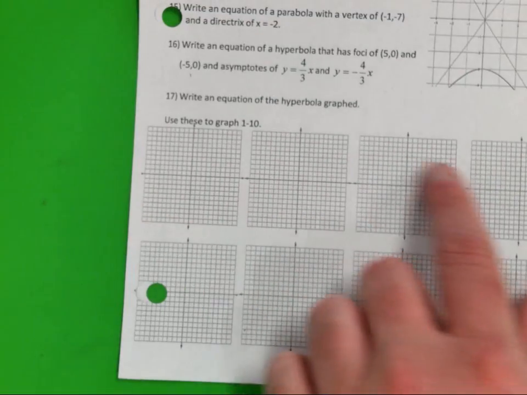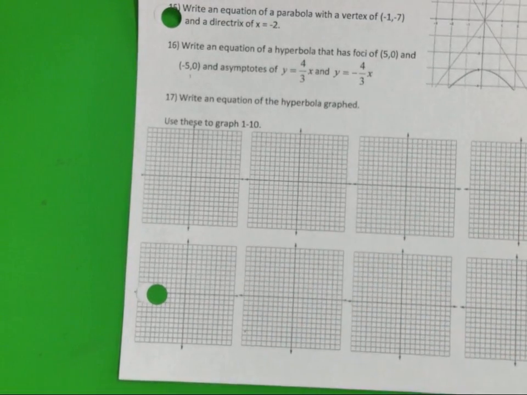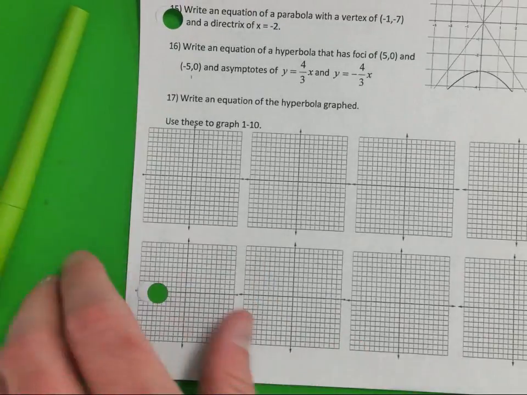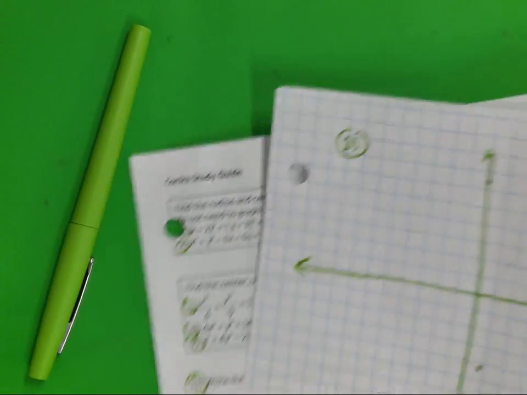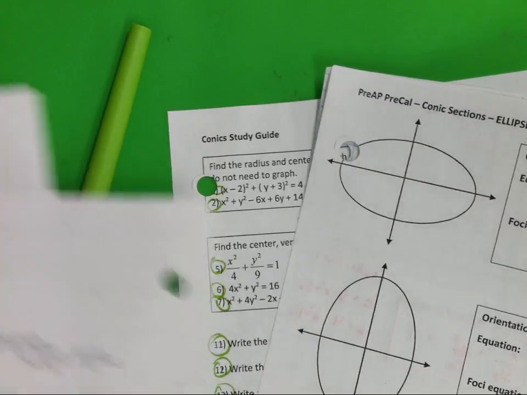Oh, and I got your graphs down here to graph those ellipses on. I forgot all that. Was the circle quiz okay? Gotcha. Oh, thank you.